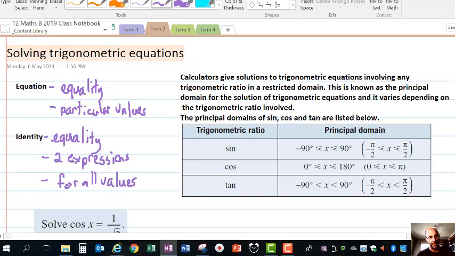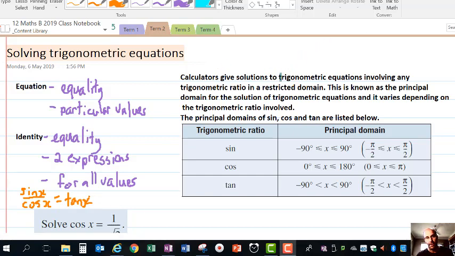So you've seen examples like sine x on cos x equals tan x. That's an example of an identity. The Pythagorean identity, which we looked at recently, the difference of two squares, difference of two cubes, there's many.